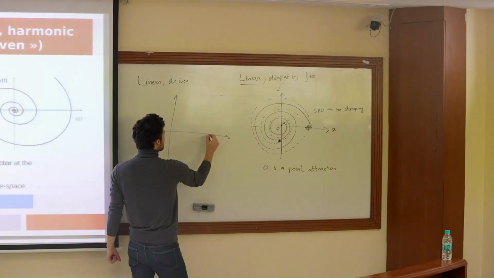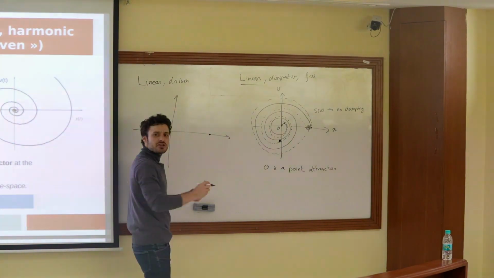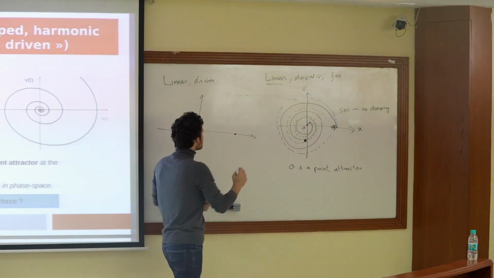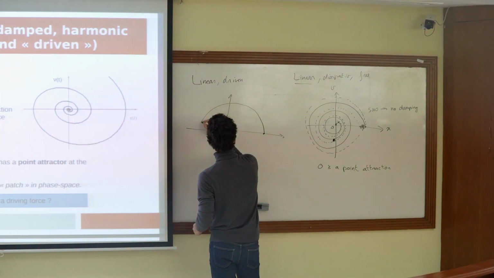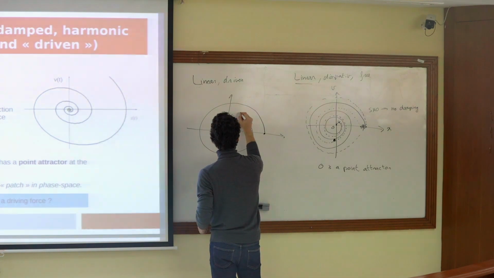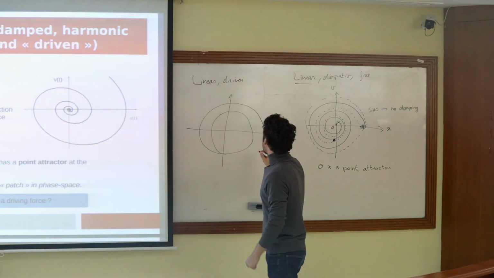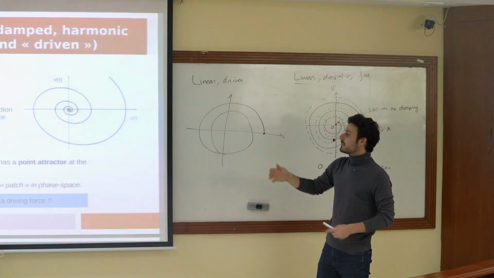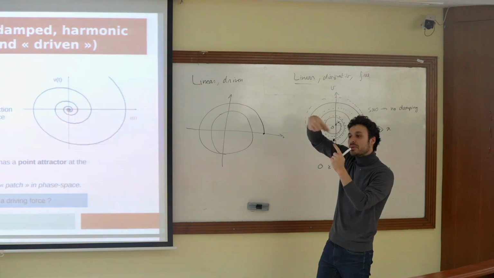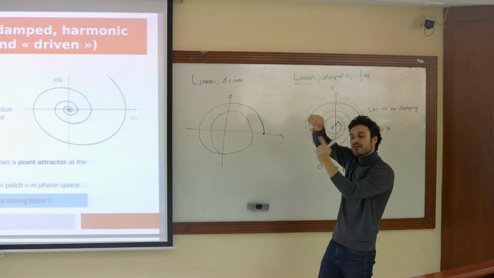So at first, say you start out over here, there's going to be the transient, some kind of initial thing going on here, but eventually it's just going to settle into a circle, meaning that, imagine I've got my little pendulum with a kind of motor driving it.